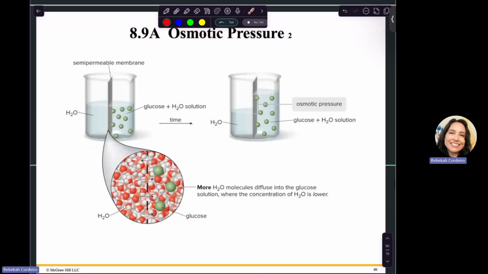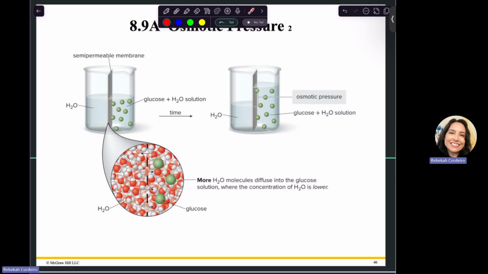So for example, semi-permeable membrane, if only water is over here and you've got glucose over here, the water's gonna be like, oh, the party's over here. Water's got really bad FOMO. It doesn't want to be left out of what's going on with the solute. So water's gonna travel across, but then at some point it's gonna stop moving across because there's not enough room here for more water to come in.